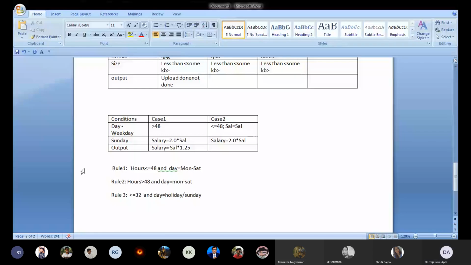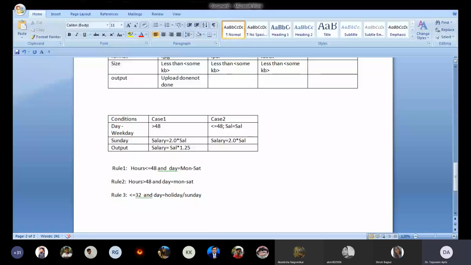Yes, ma'am, I understood it. All the participants, are you able to understand what I'm saying? Now, the next thing: if there are k rules over n binary conditions, how many conditions are there right now?